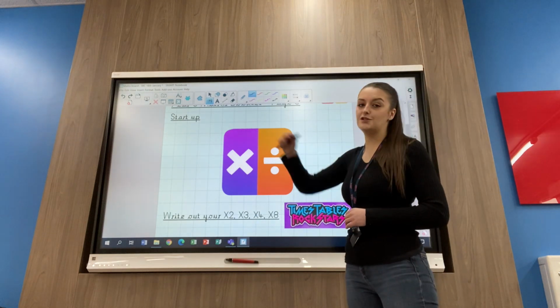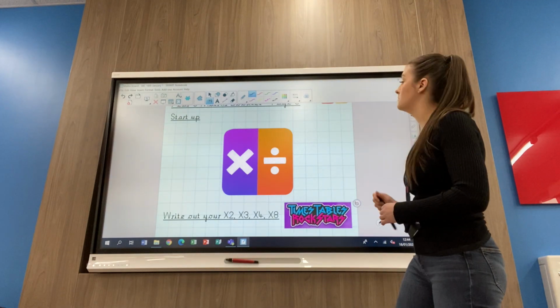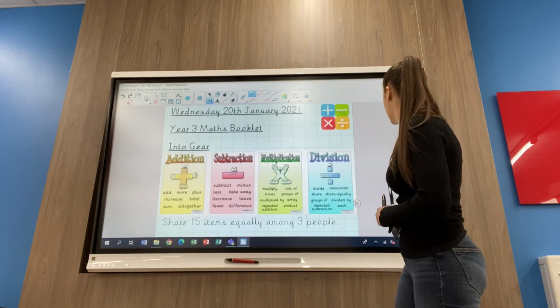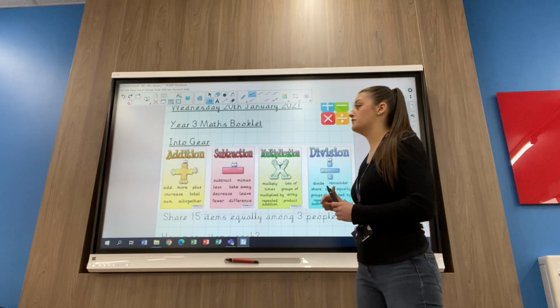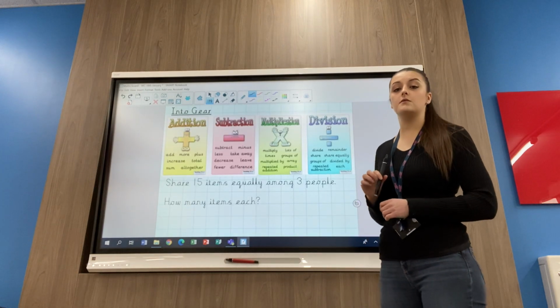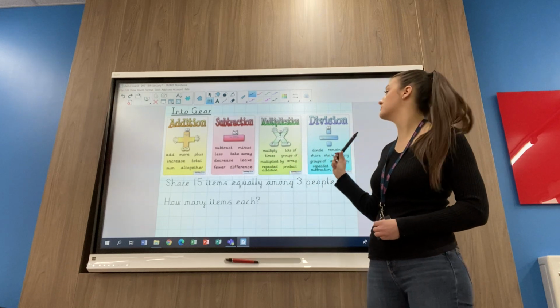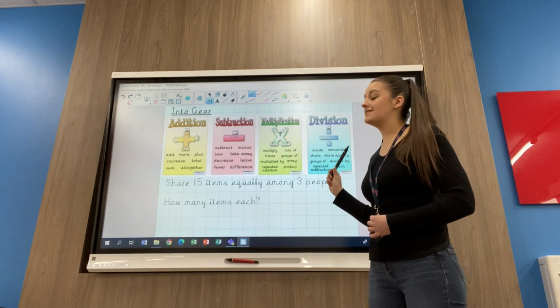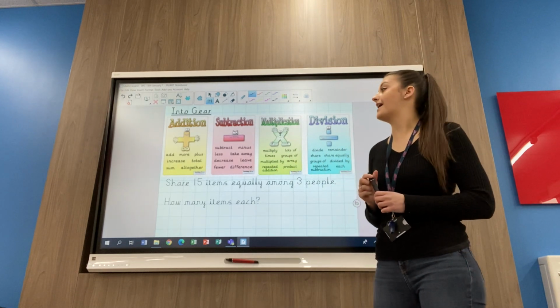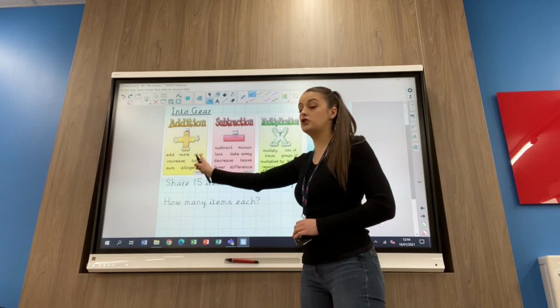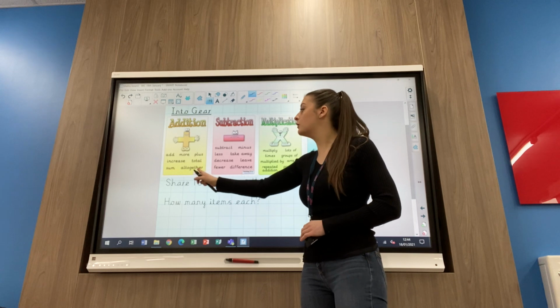So once you've completed your startup challenge, you're going to be moving on to your integer challenge. Now in your integer challenge today, and in some of your tough challenge questions, we know that we're going to be doing either some additions, subtractions, multiplications or divisions. And we need to look for lots of key words with them. So when we're looking to do additions, you might have some words like total, sum, altogether.